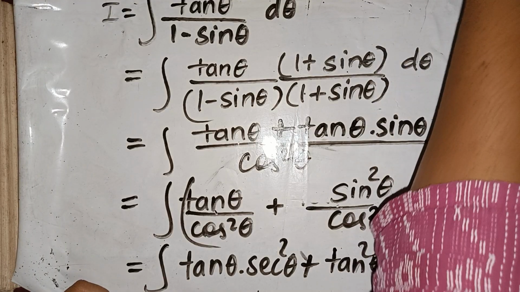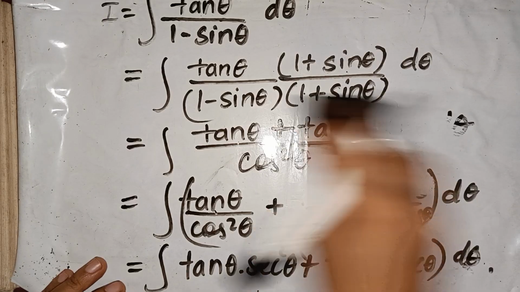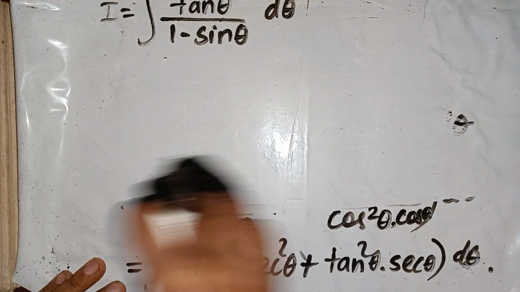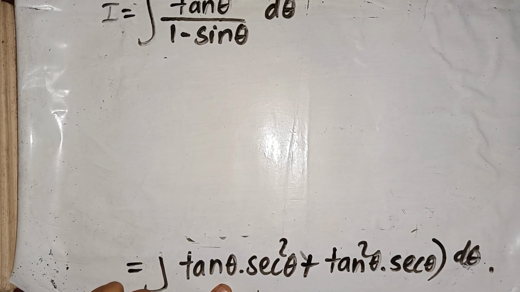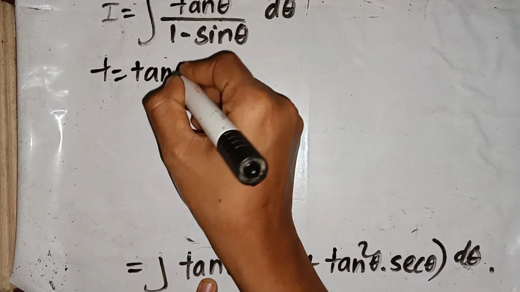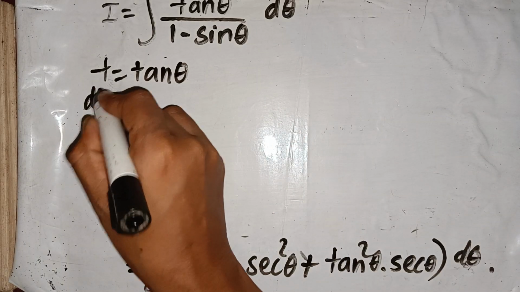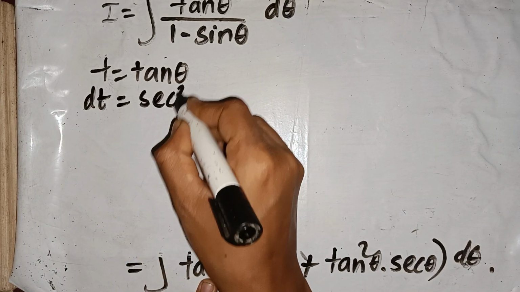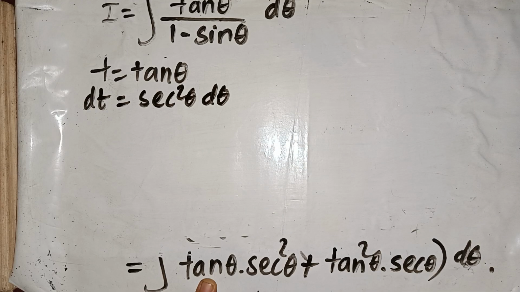Okay, this is easy. If you take the derivative of tan theta, it is sec square theta, so you have to take t as tan theta, so dt is sec square theta d theta.